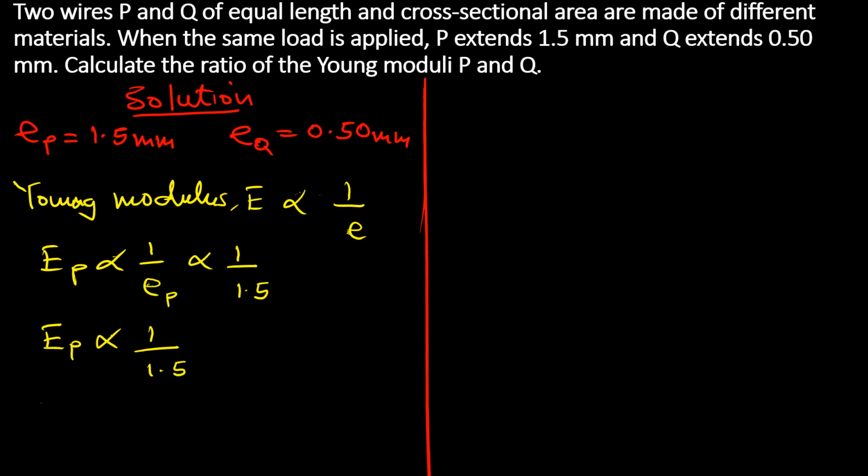The Young modulus of Q will also be inversely proportional to the extension of Q, which means it's inversely proportional to 1 over 0.5.